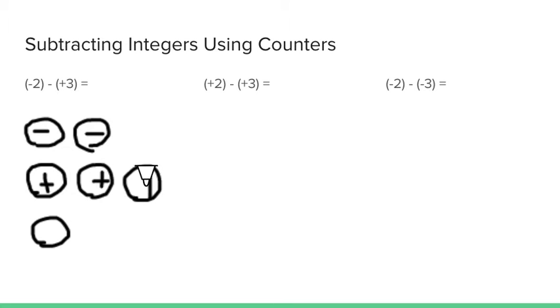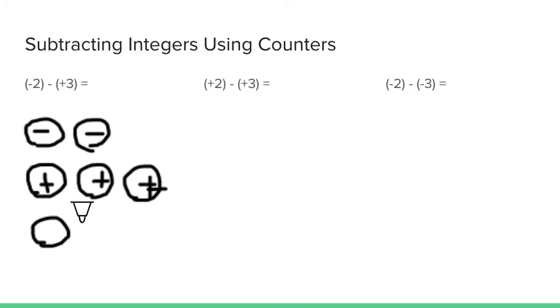But if I draw in positive 3 that I need here out of nowhere, I'm going to have to create a matching set of negative integers.